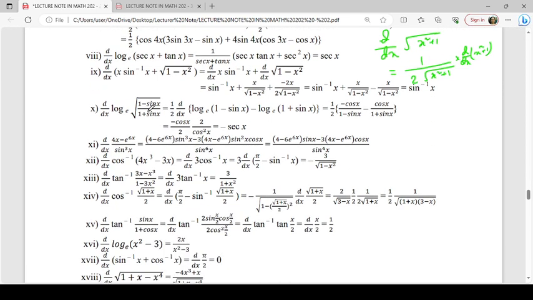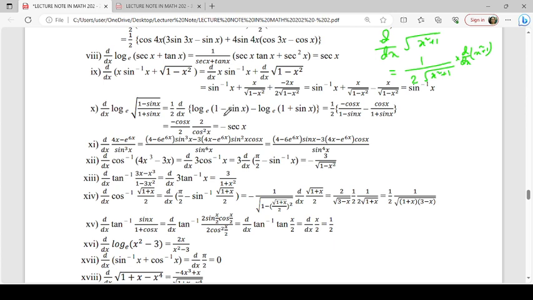So after simplification we get it like this. Then log of 1 minus sin x by 1 plus sin x. Because it is logarithmic, half is taken outside, then we can write it as log of m by n is log m minus log n. So log of this one minus this, then this half.